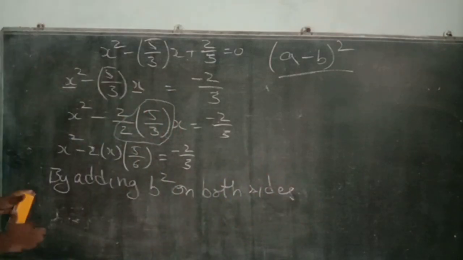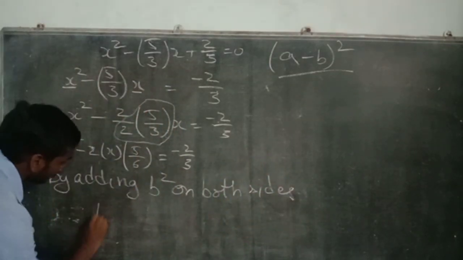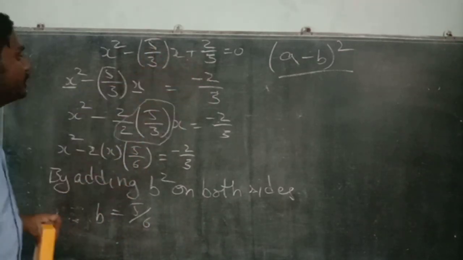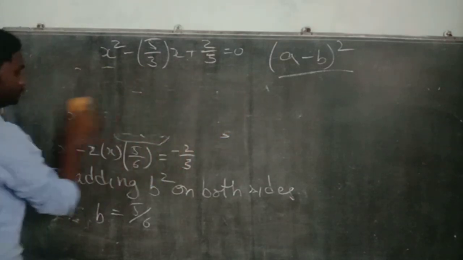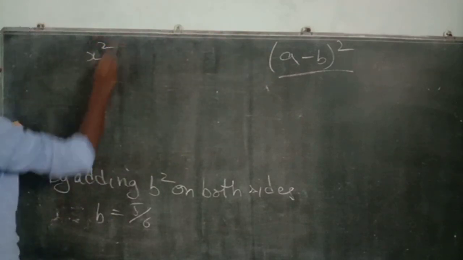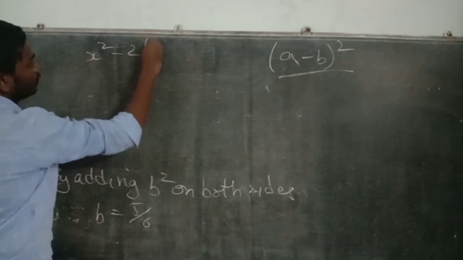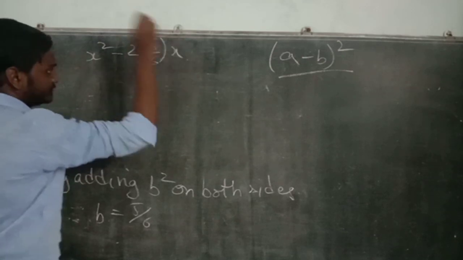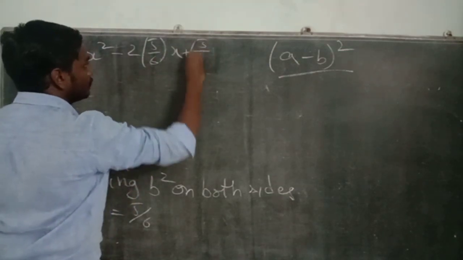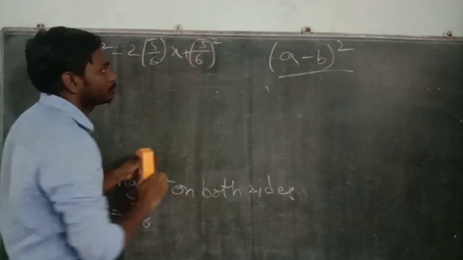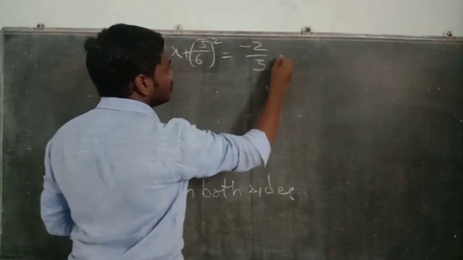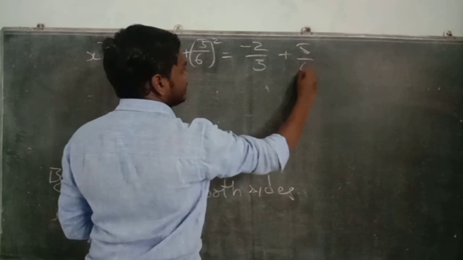That means b is nothing but 5 by 6, so by adding 5 by 6 whole square on both sides, that means on LHS and RHS, we get, write it down, x square minus 2 into 5 by 6 into x plus b square, that is nothing but 5 by 6 whole square, so 5 by 6 whole square, that is equal to minus 2 by 3 plus 5 by 6 whole square.